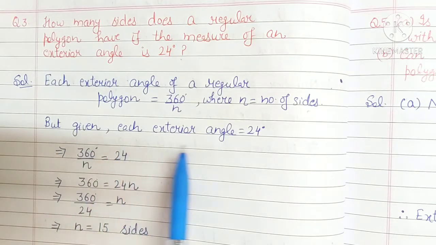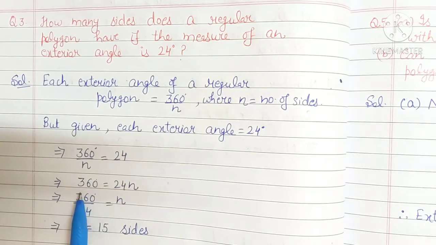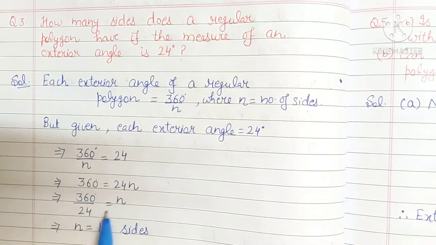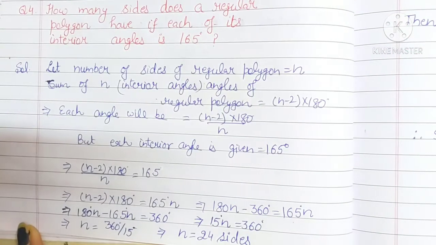But the given exterior angle is 24 degrees, it means 360 upon n will be equal to 24 degrees. So by cross multiplying we will get 360 is equal to 24n. So here we will get n is equal to 15 sides.